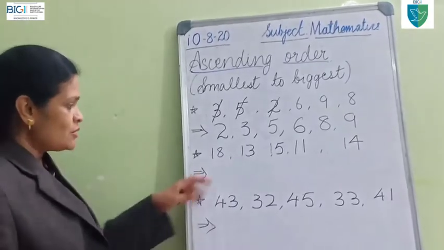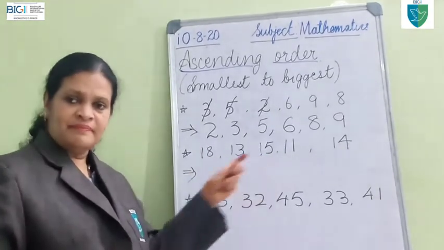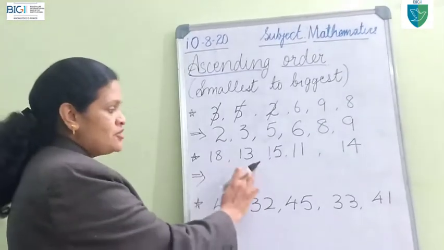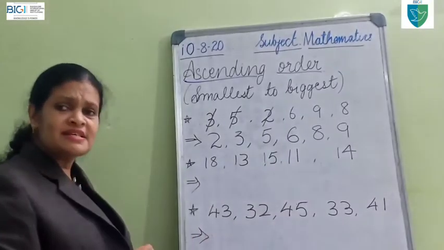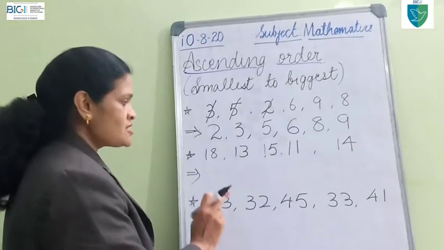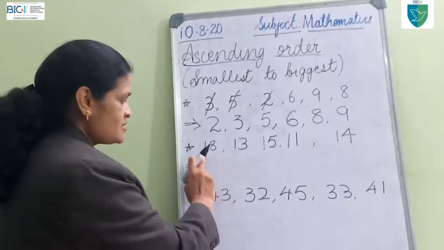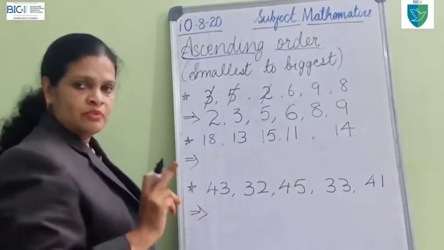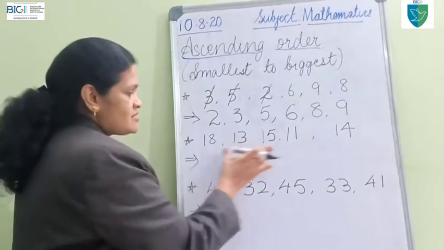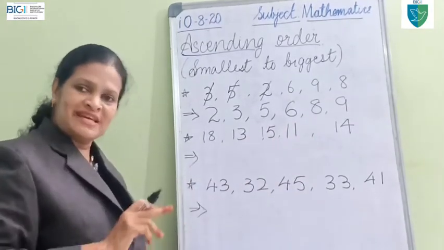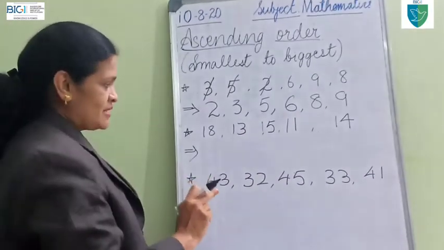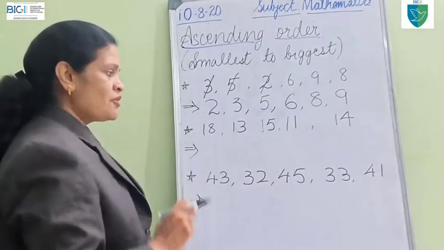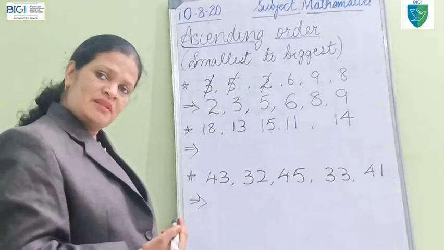Now, look at the next set of numbers, children. All these numbers are 2 digits, isn't it? Now, the most common thing here is in tens place, we have only number 1. That means this set of numbers is the family of tens. In this set of numbers, how do you understand which number is the smallest?